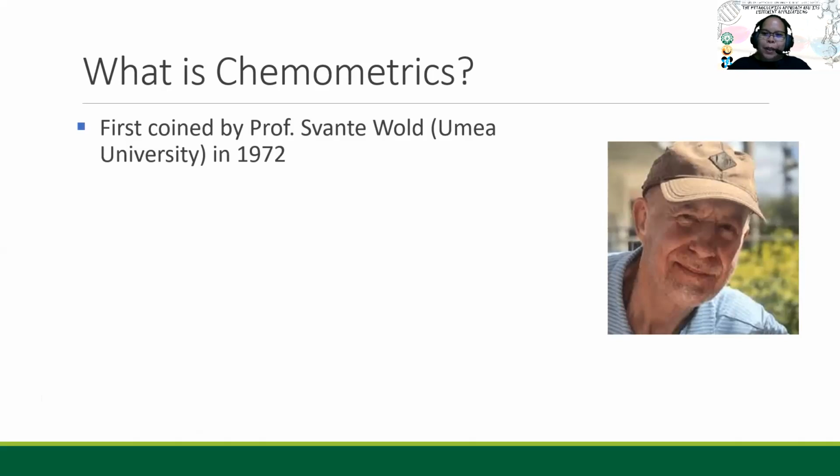So if you remember your general chemistry, your Arrhenius acids and bases, I hope this gets you a bit nostalgic about your general chemistry. So pinangalan si Professor Wold kay Professor Arrhenius actually.